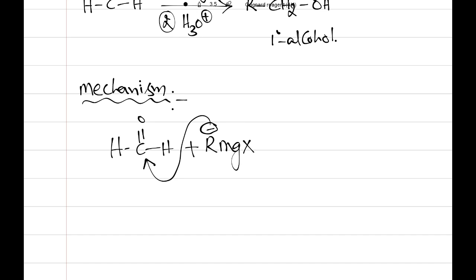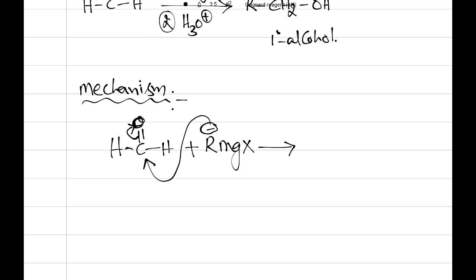Here the carbonyl carbon is the electrophilic carbon. Why? Because oxygen is the most electronegative atom, so electrons are shifted towards the oxygen, and carbon becomes electron deficient, the electrophilic center.